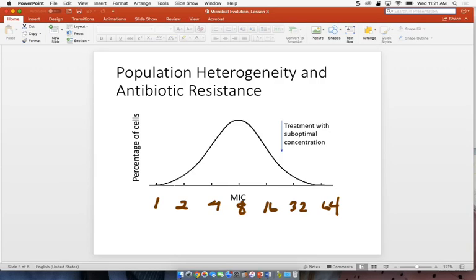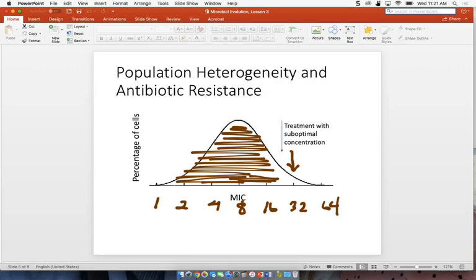So what we're saying is, if we treat with 32 micrograms per mil of antibiotic, all of these cells shown here, shaded in brown, they're going to either die or they will stop growing. Those that are resistant to concentrations at 64 to 32, they now are able to do what?